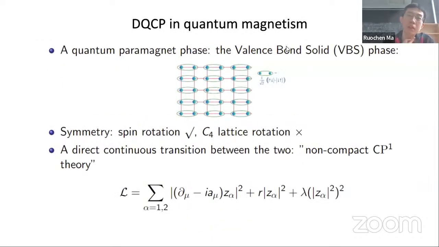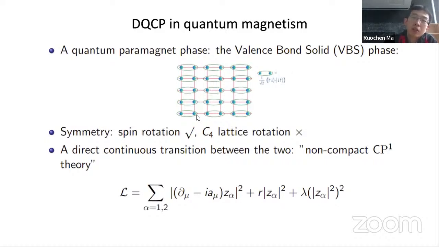It turns out that by tuning some parameter, there is an alternative quantum phase, which is known as the valence-bond-solid phase, whose ground state wave function looks like this. Here, each ellipse represents a spin singlet formed by two adjacent spin-one-half moments.